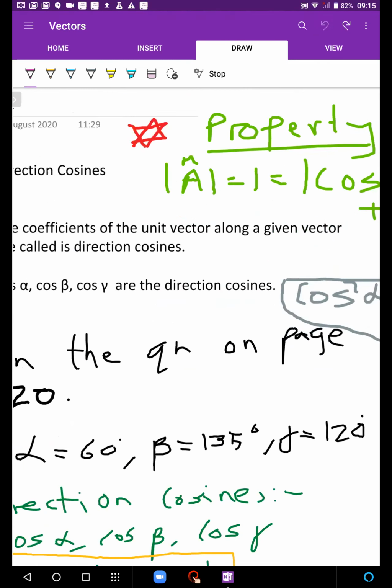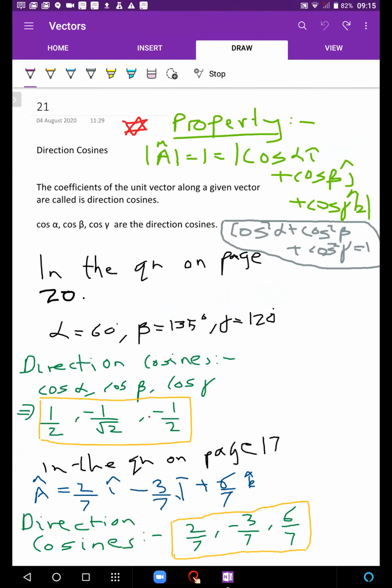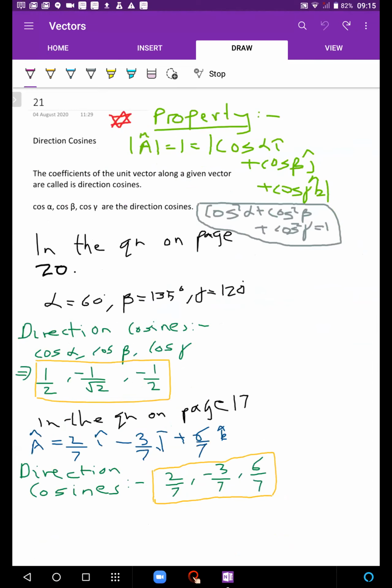Remember we just saw that some time ago. It's very simple. It's just root of ax square plus ay square plus az square. So it's root of cos square alpha plus cos square beta plus cos square gamma. That magnitude must be equal to 1. Square it and remove the root, and you get this important relation: cos square alpha plus cos square beta plus cos square gamma is always equal to 1.